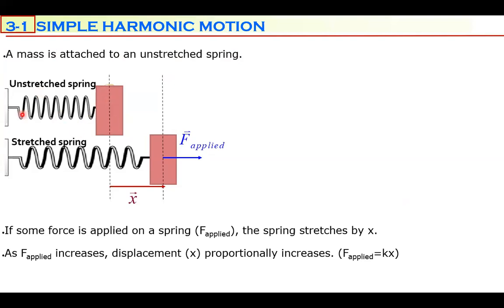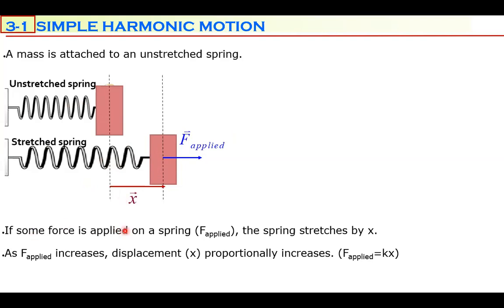Assume that this mass and spring are in a medium which is free of friction. There is no friction. So if you stretch a spring by applying some force, of course you should pull it. When you pull the spring, there will be some stretching, and this stretching is represented by x.